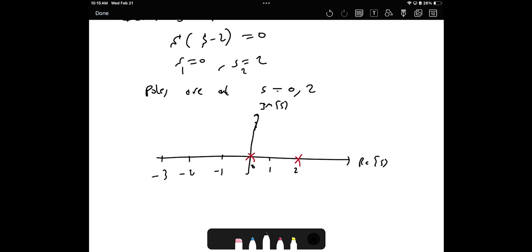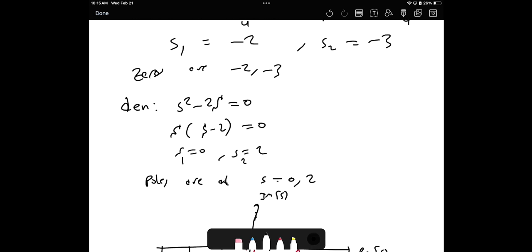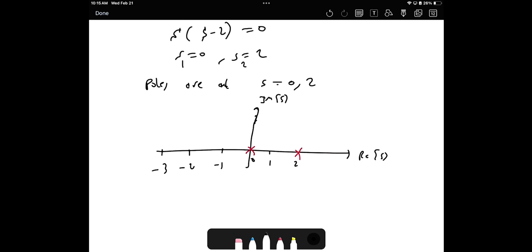The zeros are at negative 2 and negative 3. Okay? Then that's how we do the plots for the s-plane. Any question?